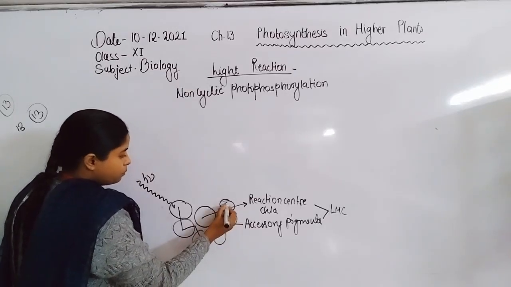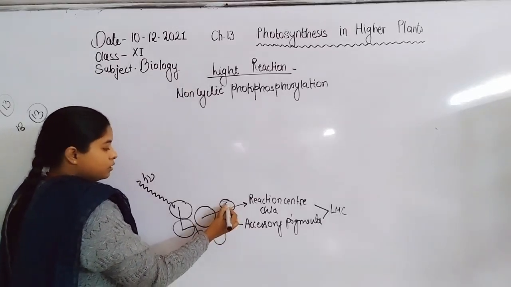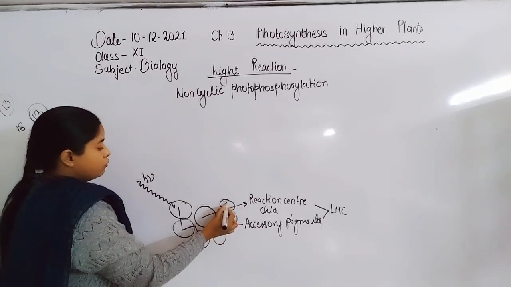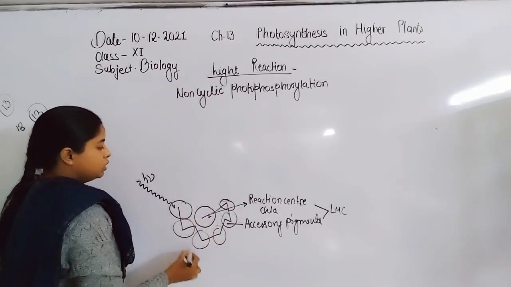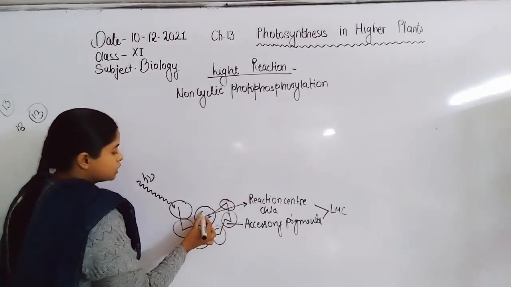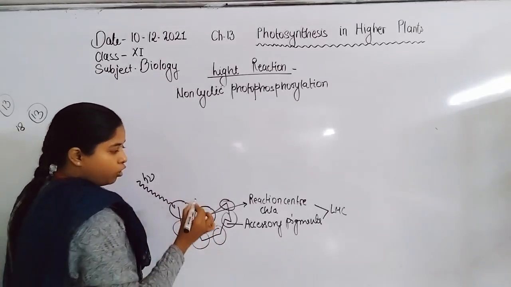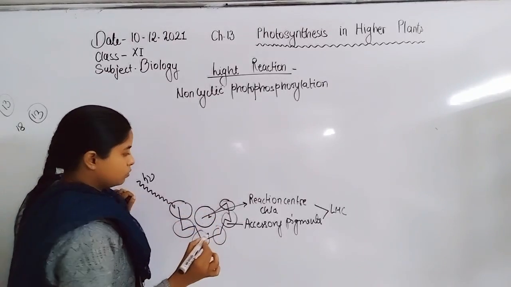The accessory pigment reduces the energy of the photon, and then the energy is transferred to the reaction center chlorophyll A.